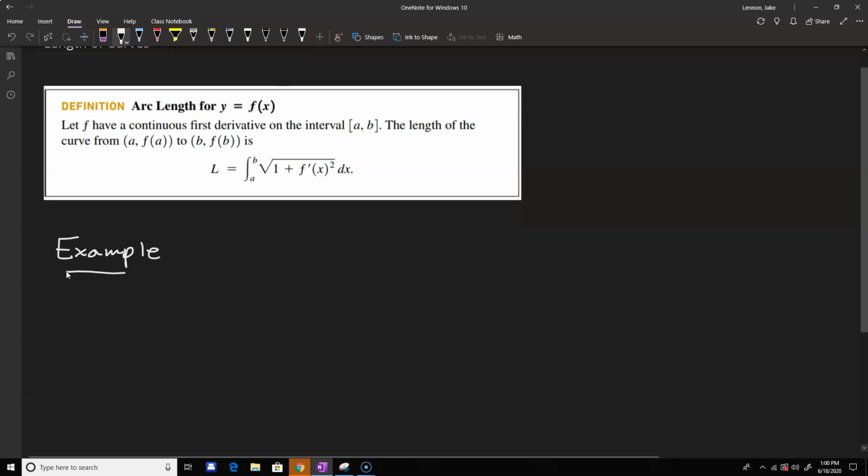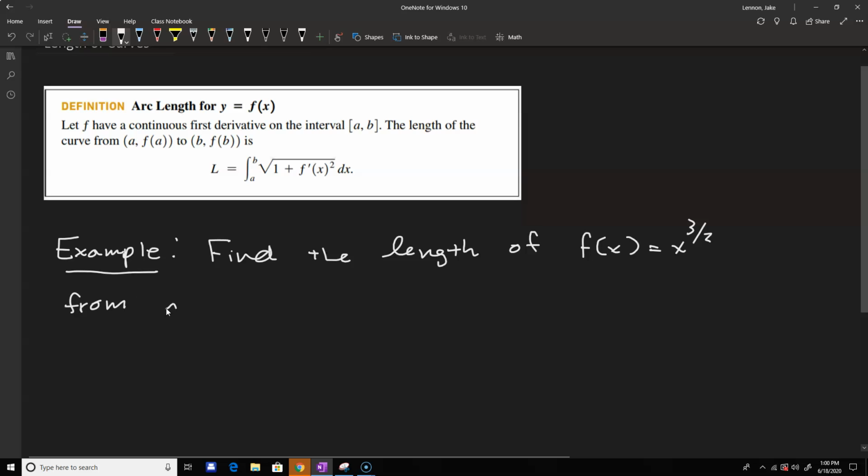What we want to do here is find the length of f of x equals x to the 3 over 2 power, x to the 3 halves, from x equals 0 to x equals 4.